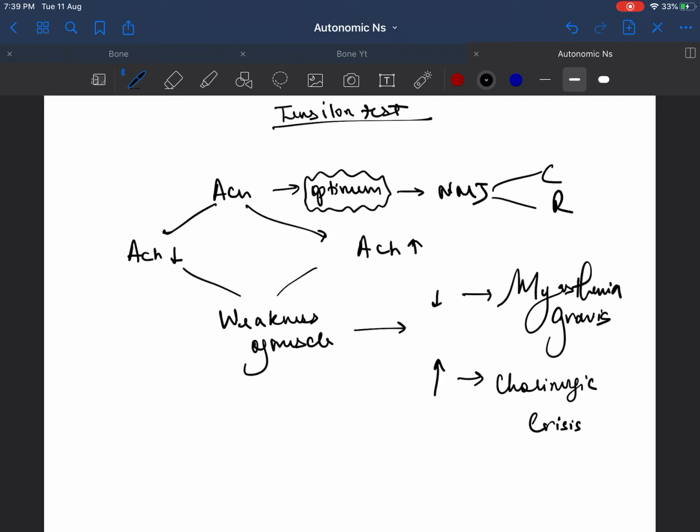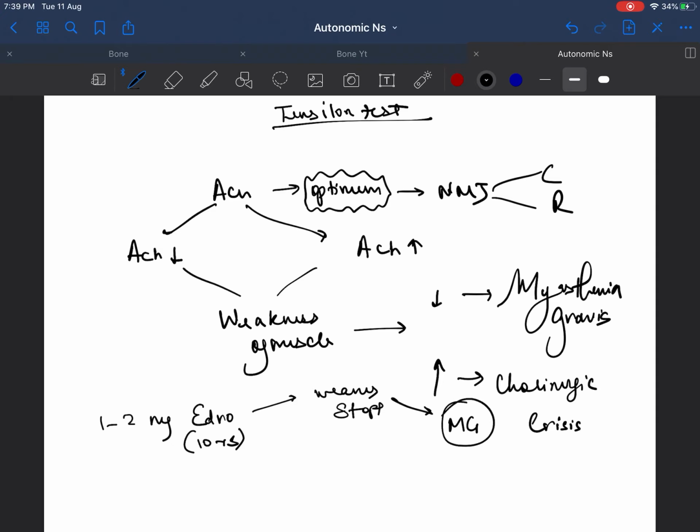So how to distinguish between these two conditions, how to confirm a diagnosis? So give the patient 1 to 2 milligram edrophonium. So if his weakness stops, it will basically act for 10 to 15 minutes. If weakness stops, then the myasthenia gravis is confirmed.